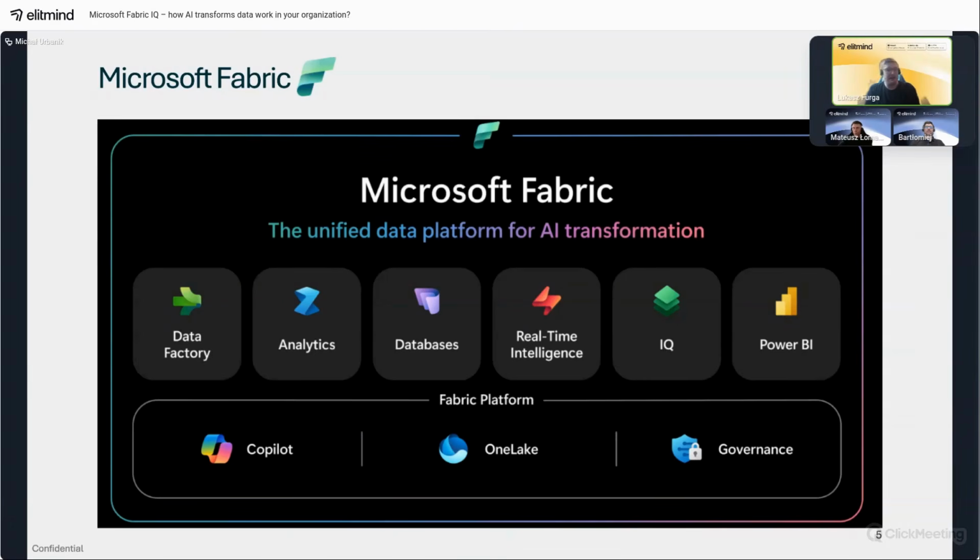And the last but not least, the IQ workload, which is a new workload for unifying business semantics across data, models, and systems. Microsoft Fabric IQ introduces a new ontology item for organizing your core business concepts into a unified semantic layer.